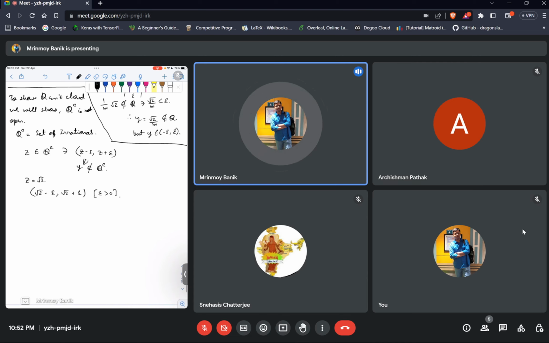And now to pick y, which is a rational, we will again use Archimedes' theorem. So we need 1 by m smaller than root 2 plus epsilon, larger than root 2 minus epsilon.